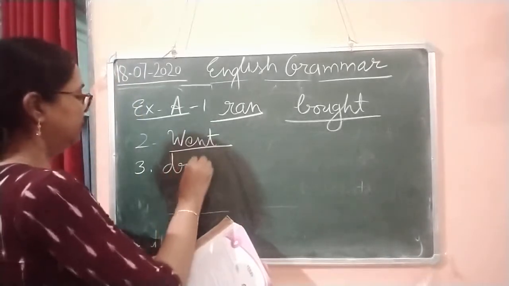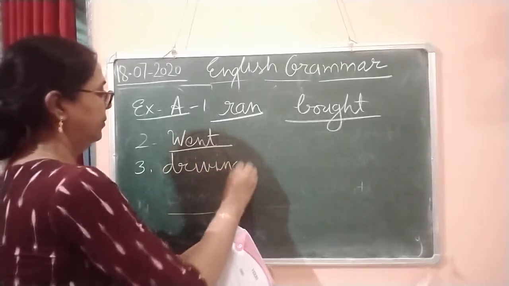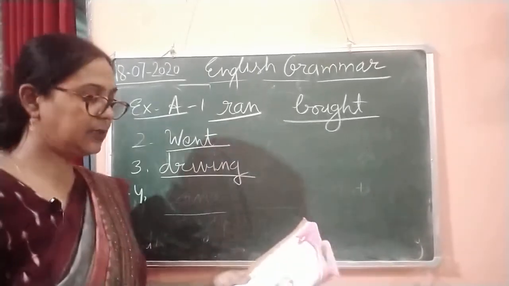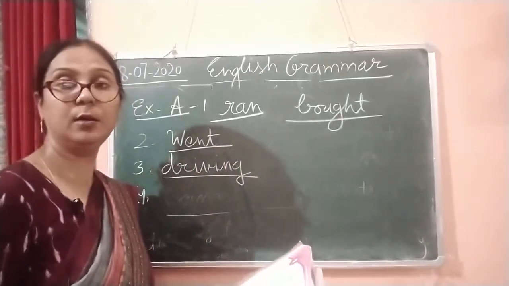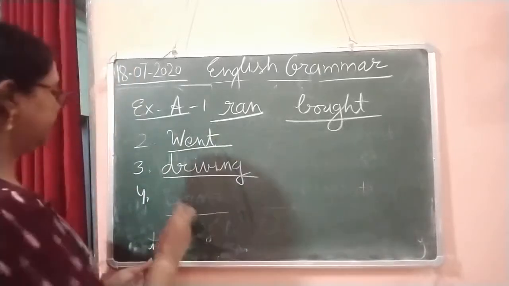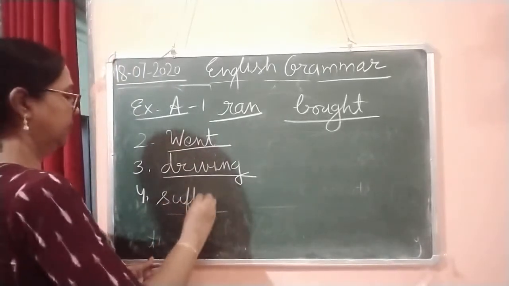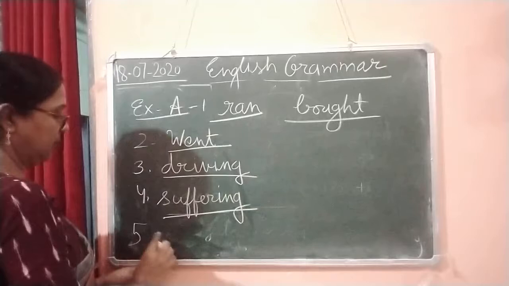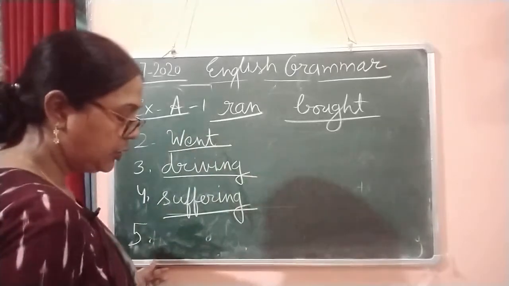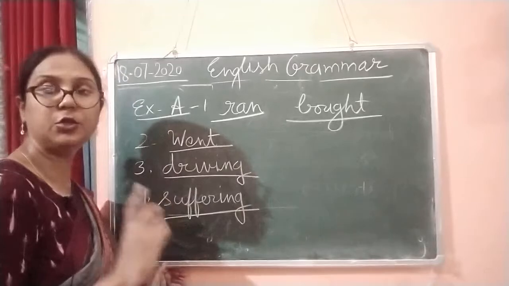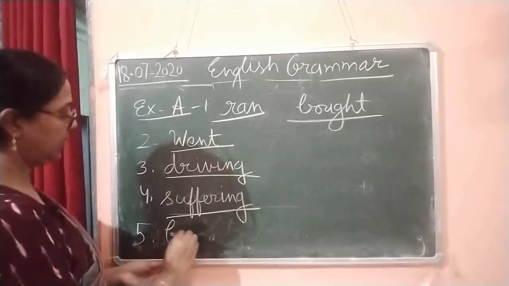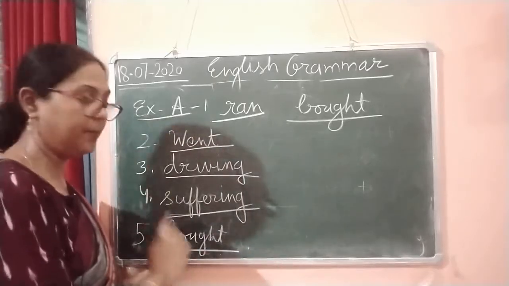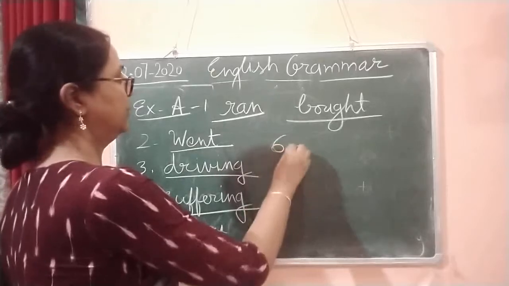Driving. In fourth: My mother is suffering from a severe cold. Suffering. Fifth: She bought me a new book from the shop. Here the word is bought, which is the verb.